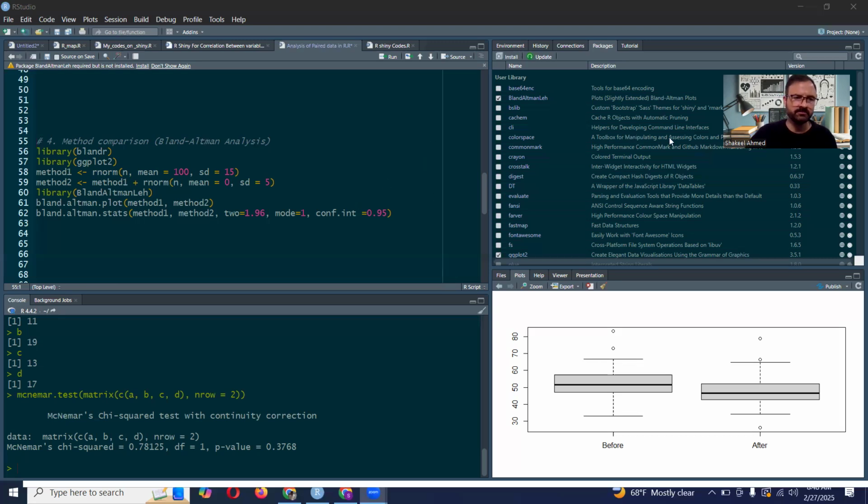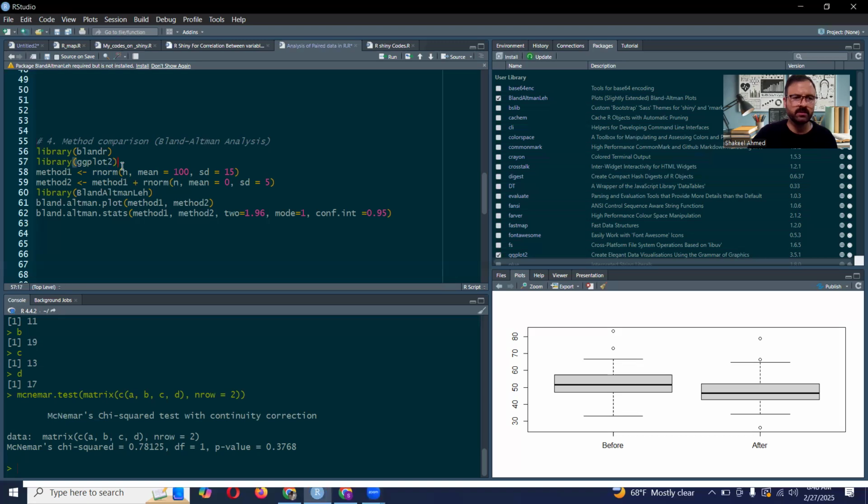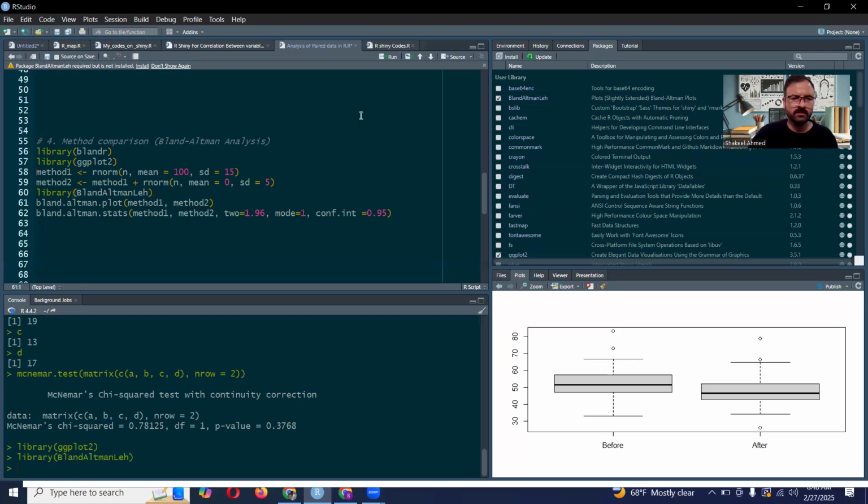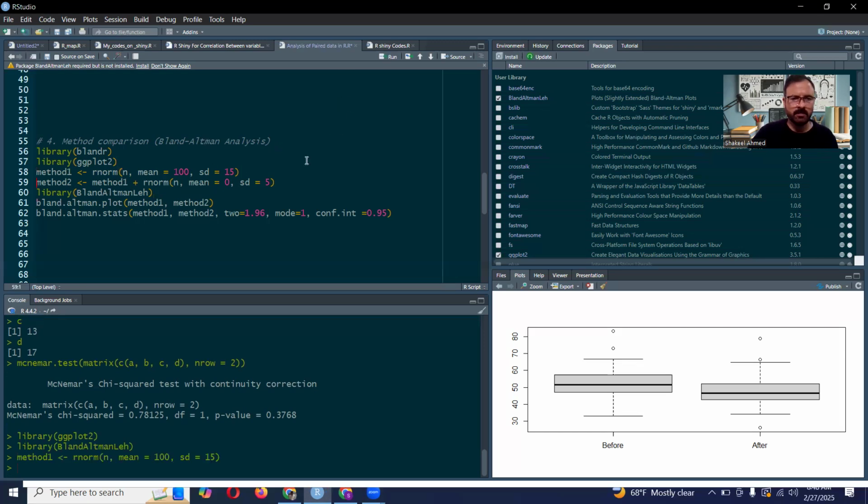So let's check. You don't need to install the Blender package, although you can install ggplot, and I will prefer this BlandAltmanLeh library. We can use this library. And then we have data on method 1 and data on method 2.